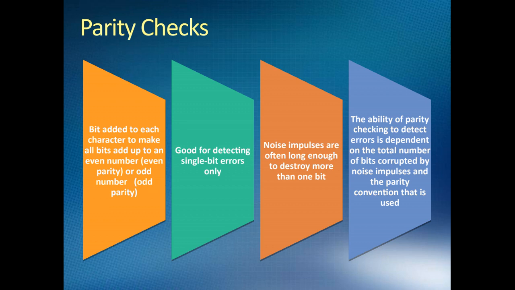So if the receiver receives an odd number and it's supposed to be even, then there is a problem. This is the parity check. But this is a limited way. Why? Because imagine that there is an error not only in 1 bit, but in 2 bits or 3 bits. It's still even, but there are 2 bits wrong. So it's a limited way. Agree?